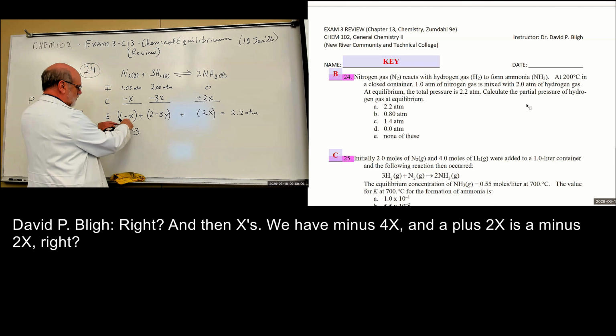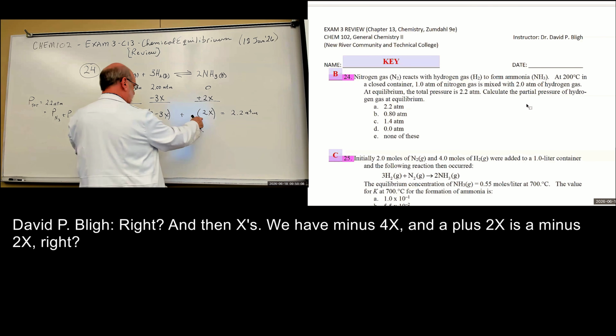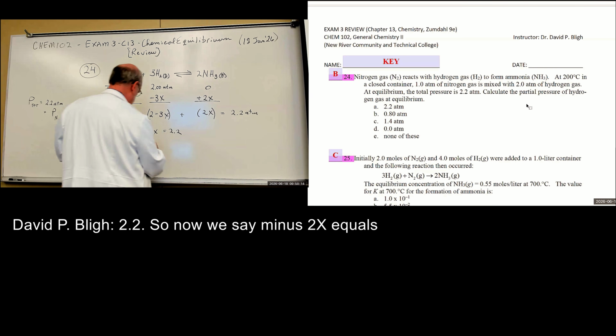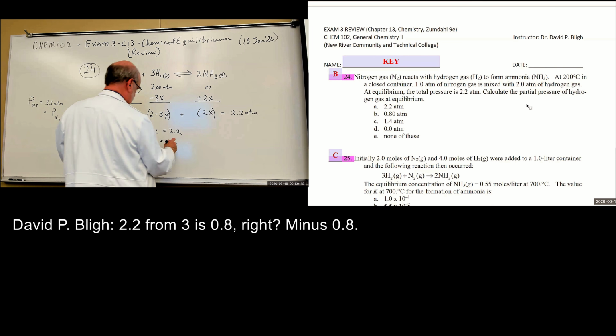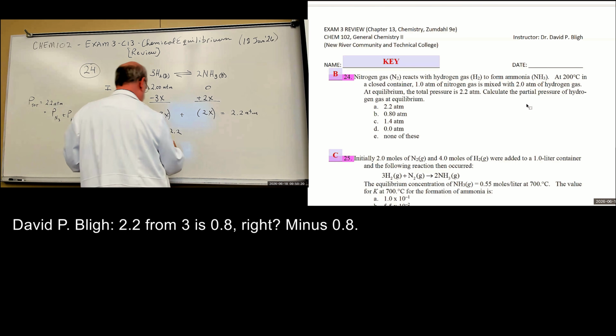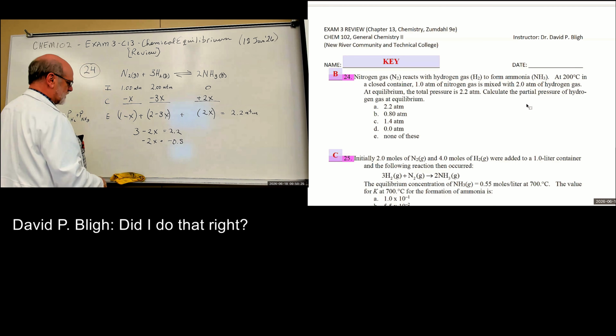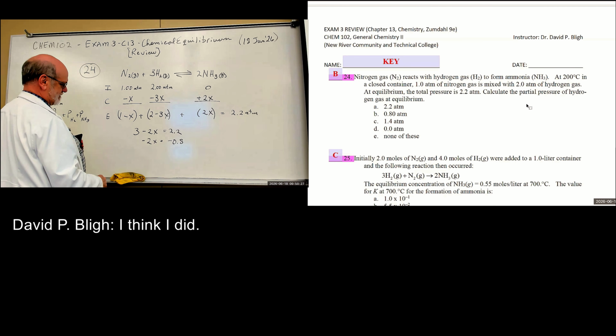And then x's. We have minus 4x and a plus 2x is a minus 2x, right? 2.2. So now we say minus 2x equals 2.2 minus 3, which is minus 0.8, right? Did I do that right? I think I did.